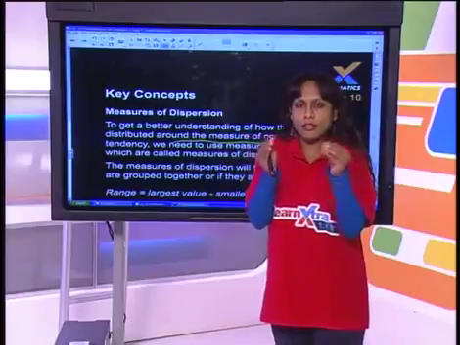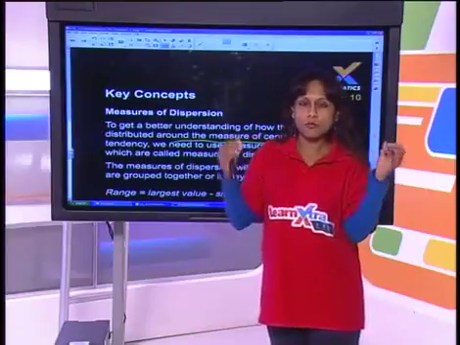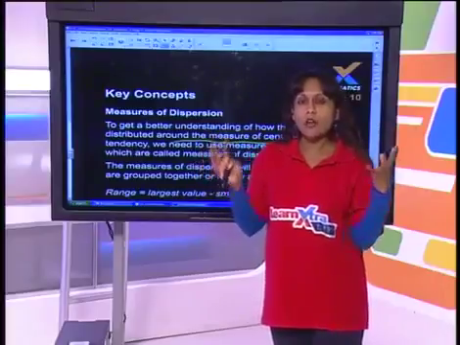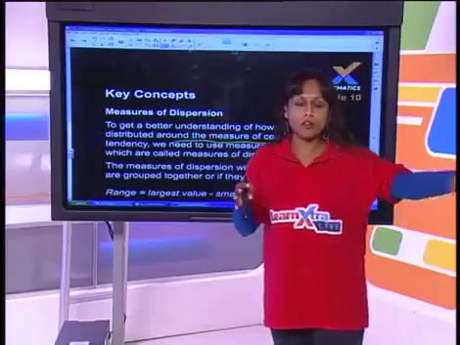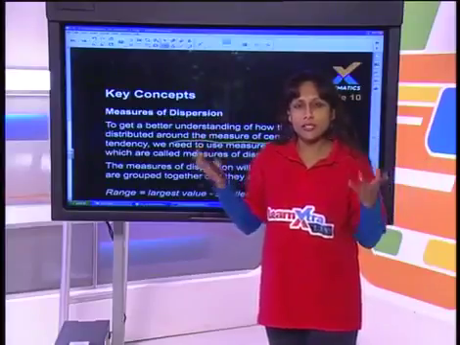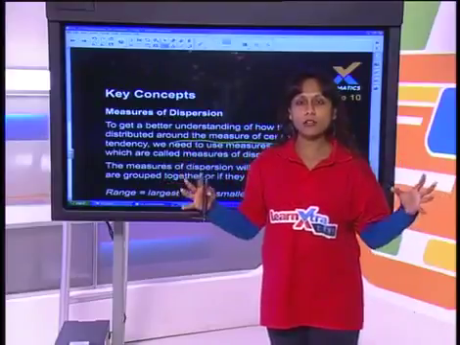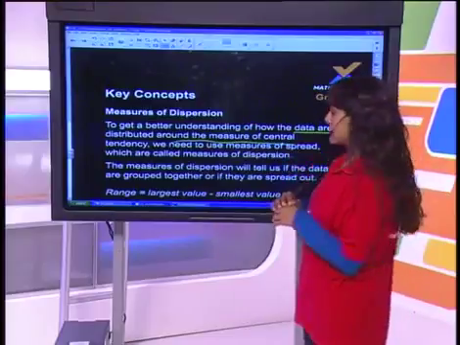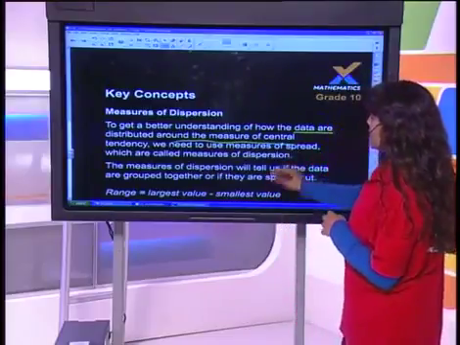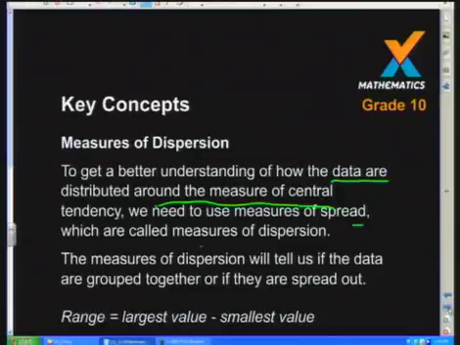Is it all grouped together, nice and neatly, like, for example, if you're looking at class marks, is everyone getting around 50%? Or are there some people getting 80s and 70s and then the rest of the class are way down getting 20s? It doesn't make sense then. So we've got to look at the data and see how spread out they are around your measures of central tendency. So we need to use measures of spread, and we call these measures of dispersion.